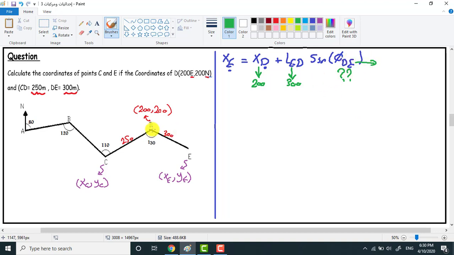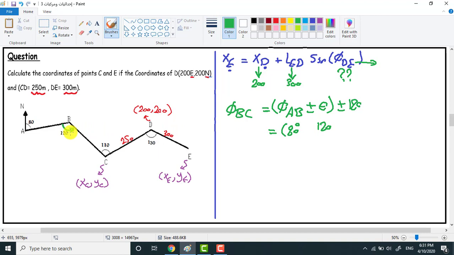To calculate phi DE, we should calculate phi CD and phi BC first. So we will start from phi BC. Phi BC equal phi AB plus or minus theta plus or minus 180. Phi AB equal 80 degree. Theta B equal 180.